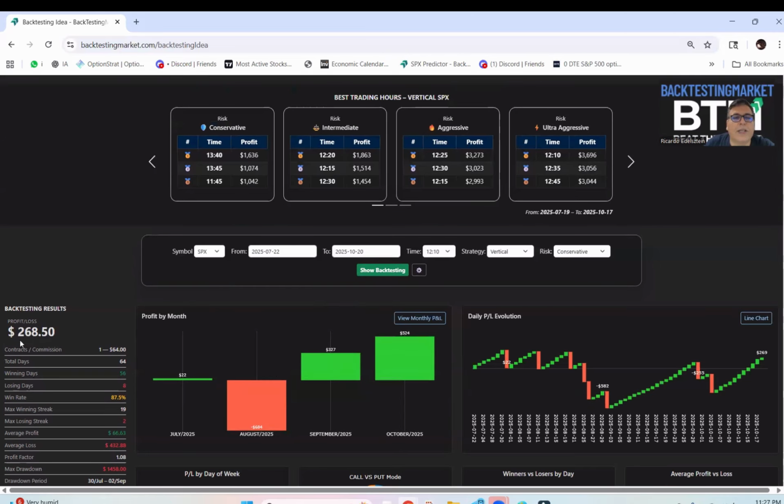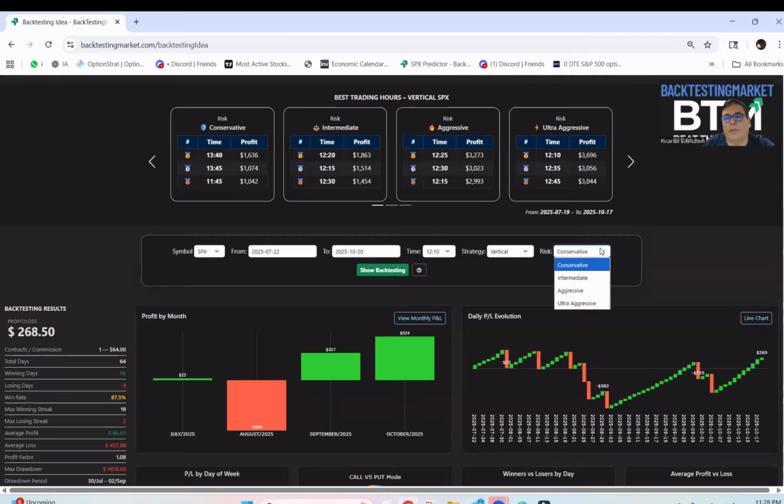Look at this. It made only $268 since 3 months ago. Why is that? Even if you made money, every time you have a drawdown, you have to recover from that drawdown, and it's going to take time.